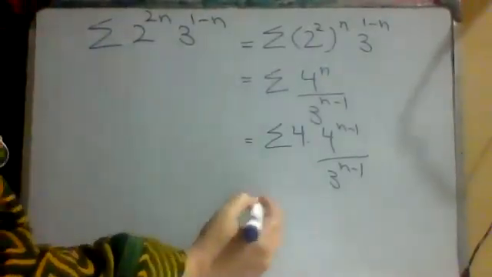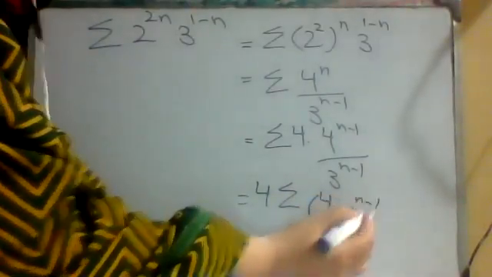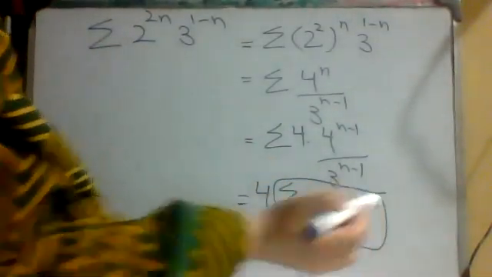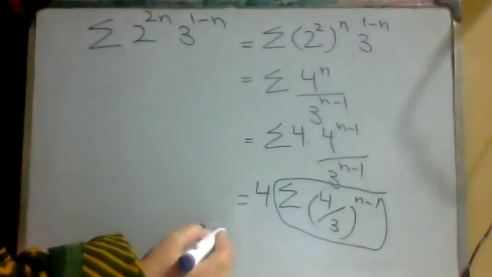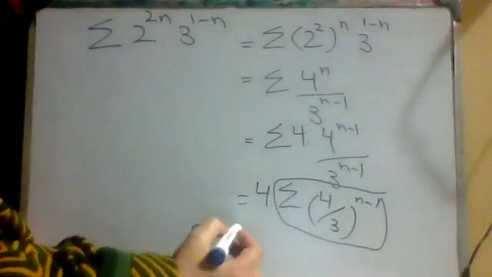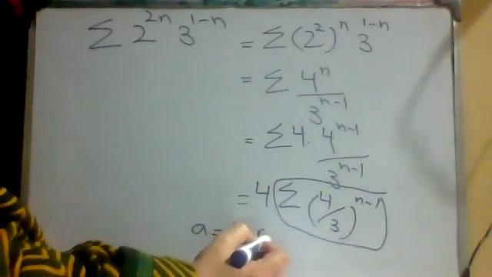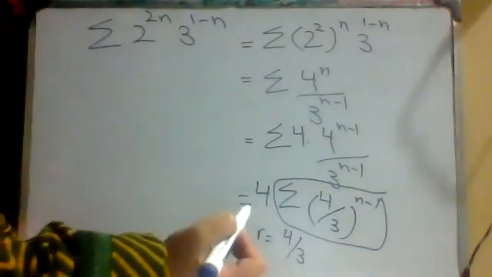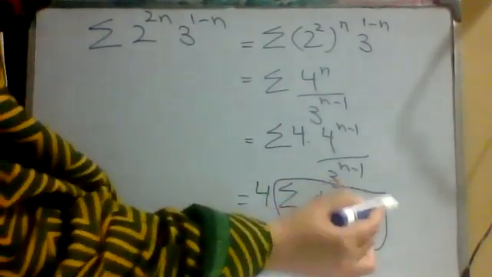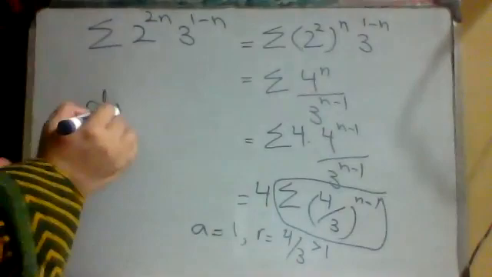Now I can write it as 4 summation of 4 over 3 power n minus 1. Now this is my geometric series with a equal to, when I put n equal to 1, 4 over 3 power 0, which is 1, and r equal to 4 over 3. Since r is 4 over 3, which is greater than 1, this geometric series multiplied by 4 is divergent. So this series is divergent.